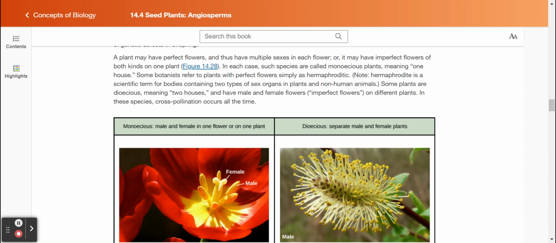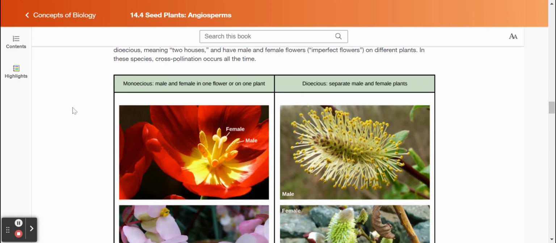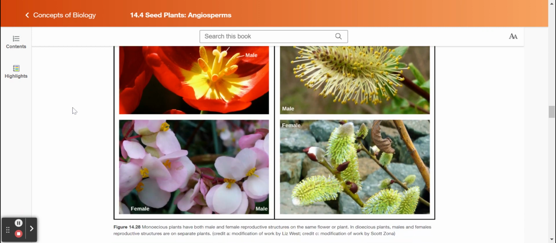Some plants are dioecious, meaning two houses, and have male and female flowers, imperfect flowers, on different plants. In these species, cross-pollination occurs all the time. Figure 14.28 shows monoecious and dioecious plants.